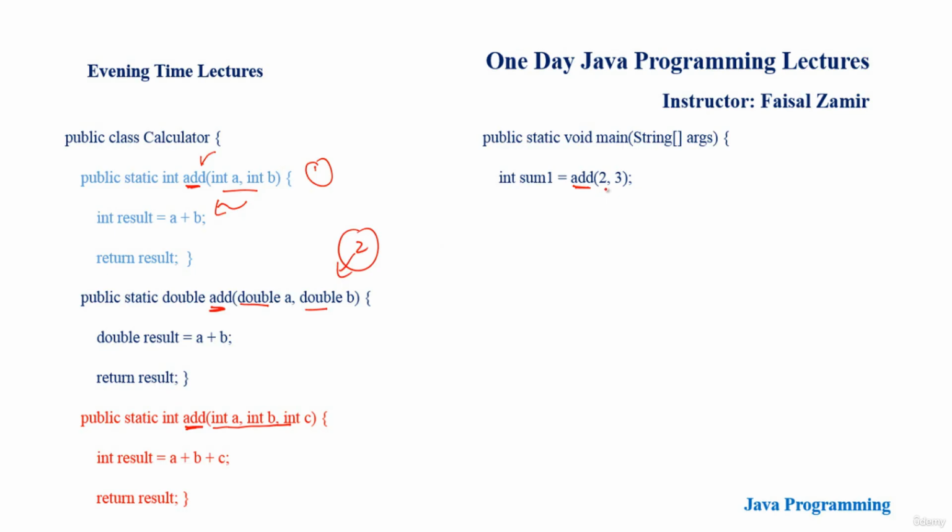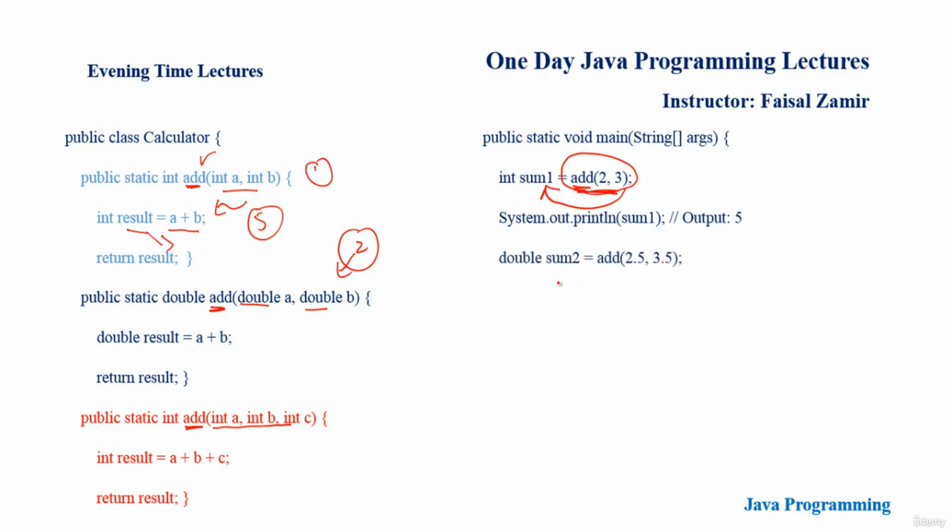That is why 2 and 3 will be stored in a and b in the first function, and it will add these two values, 2 plus 3 is 5, store the answer in the result variable and return it to the function calling point. Then this result will be stored in the sum1 variable, and when I output sum1, its result will be 5.